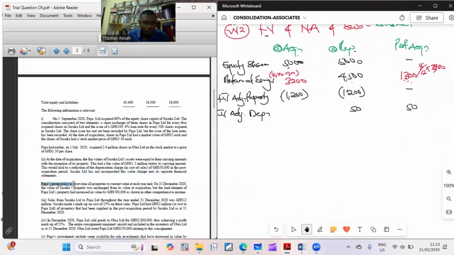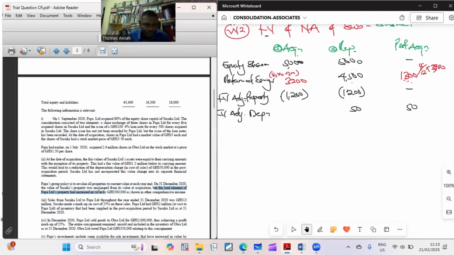The policy of the group is to revalue all properties to current value. And on 31st December 2020, the value of Susukan's property was unchanged from its actual value. That is why this place is the same and this place is the same. It was unchanged.